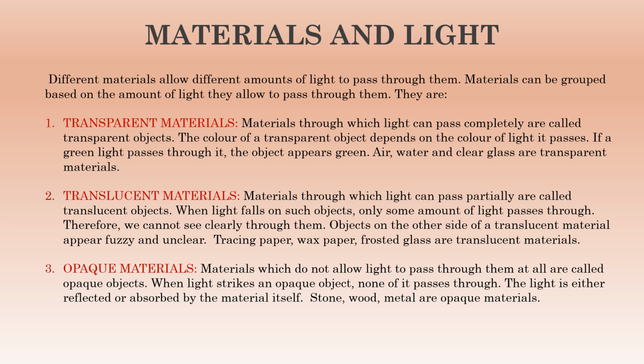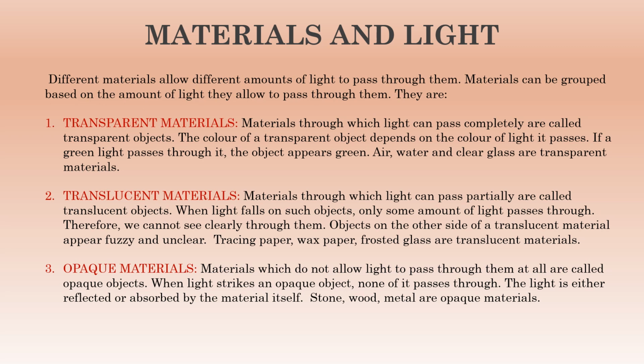Lastly, we have opaque materials. These are materials which do not allow light to pass through them at all, and they are called opaque objects. When light strikes on an opaque object, none of it passes through. The light is either reflected back or absorbed by the material itself.